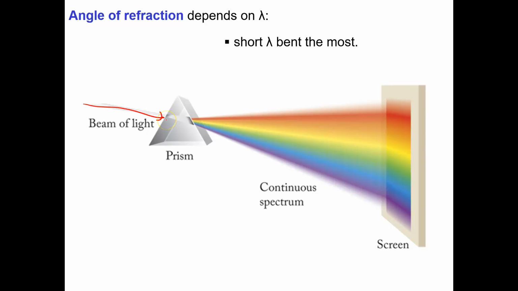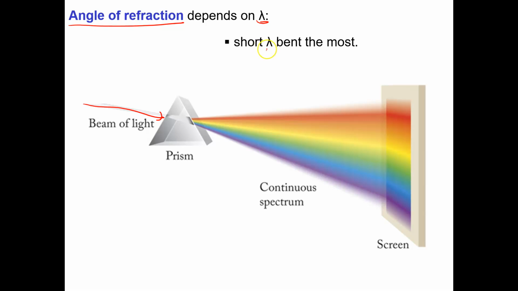We pass it through a prism made of glass normally. And because the angle of refraction depends on the wavelength, different wavelengths get bent to different degrees, and we can separate out the different colors.